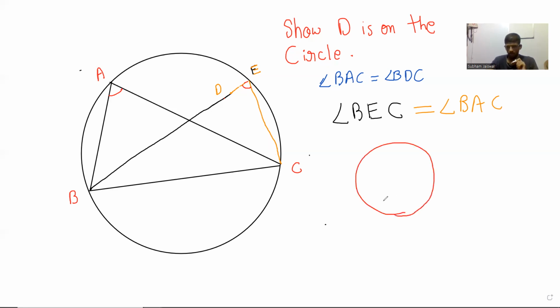That if you have a circle, and if you have two angles like this, look at the nature of these two, right? They are on the same base.